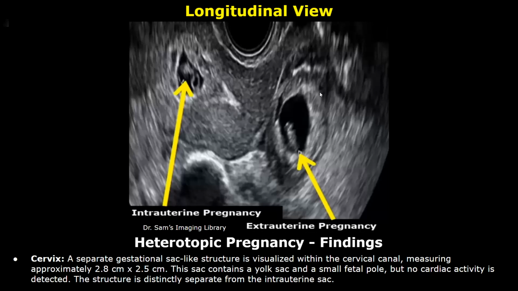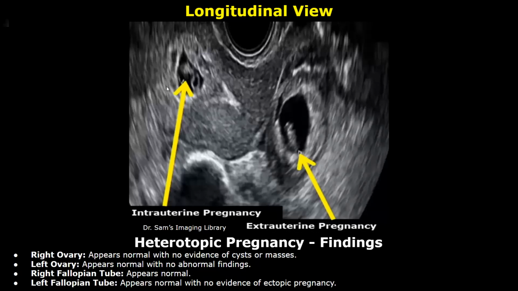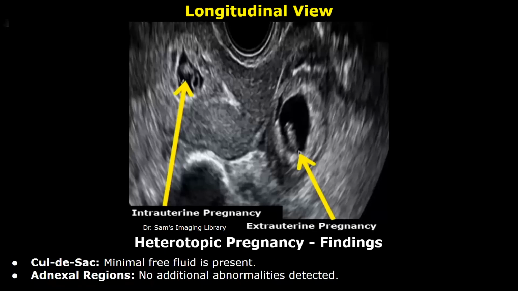The structure is distinctly separate from the intrauterine sac. The right and left ovaries are normal. The right and left fallopian tubes are normal as well. Pelvis: minimal free fluid is present. No additional abnormalities detected.